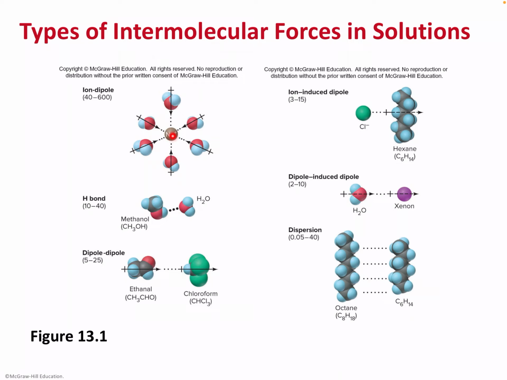Sodium chloride is an ionic substance. Sodium has a positive charge and chloride has a negative charge, right? So the ion part comes from your sodium and chloride. And then the dipole: the water molecule has a dipole because oxygen is electronegative and the two hydrogens are electropositive.